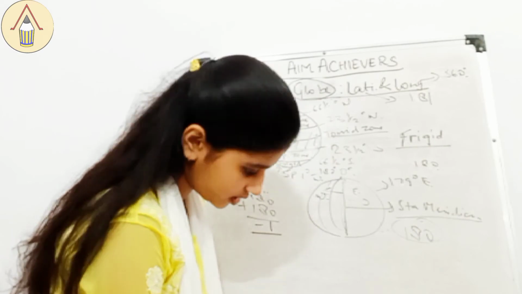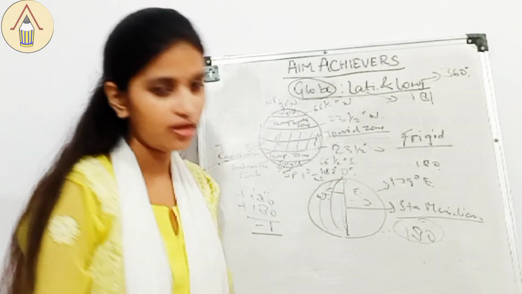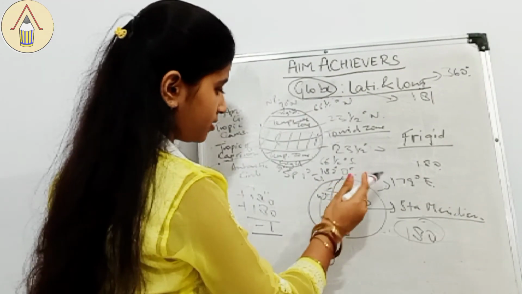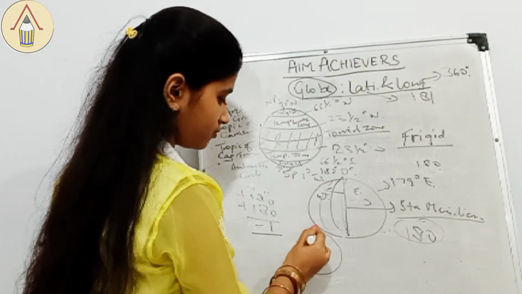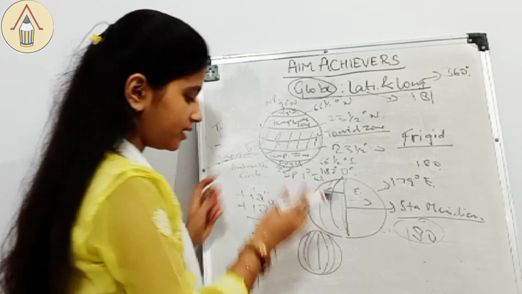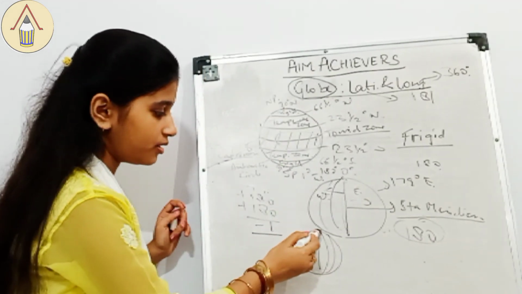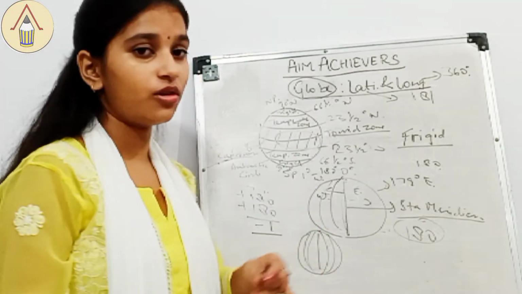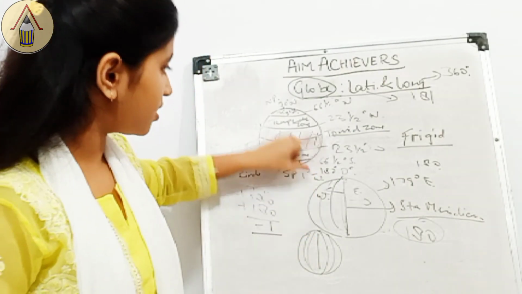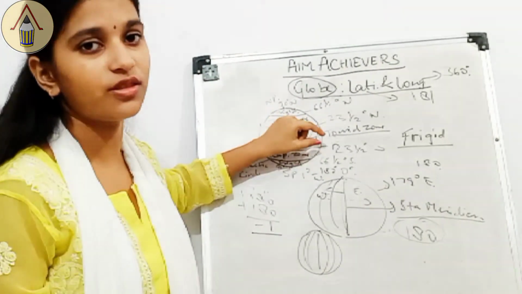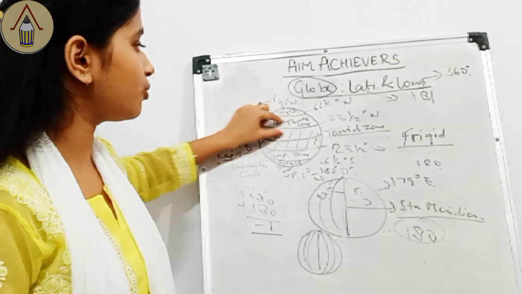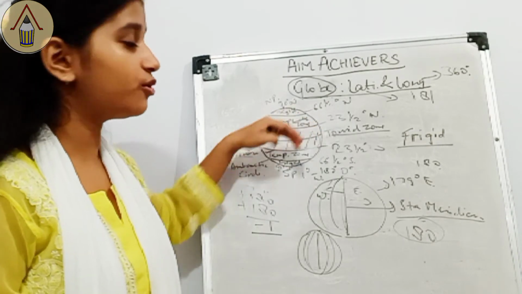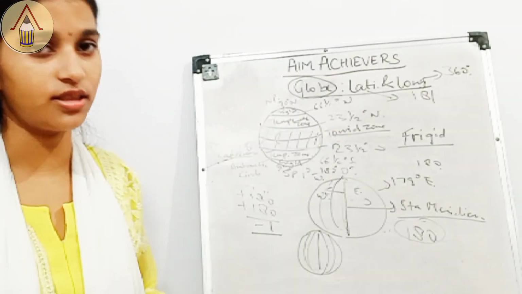In this chapter, only this much is important: longitude and time. Through longitudes, we can denote time. How? You know that these are the sections which start from North Pole to South Pole. Always remember that the length does not decrease. Like in parallels, parallel की definition क्या होती है? That the distance between two lines is always the same. तो in latitudes the distance between two latitudes is always same all over the earth.